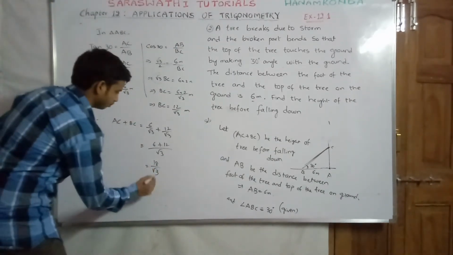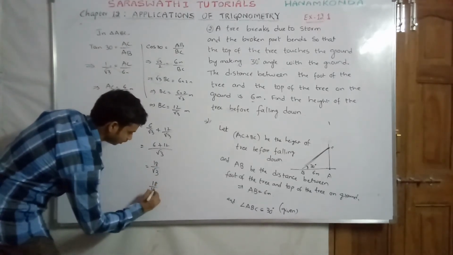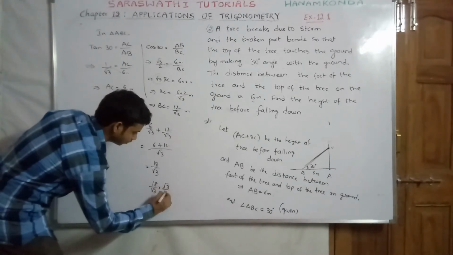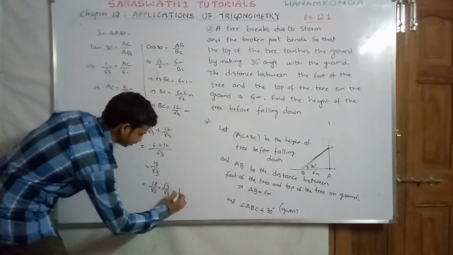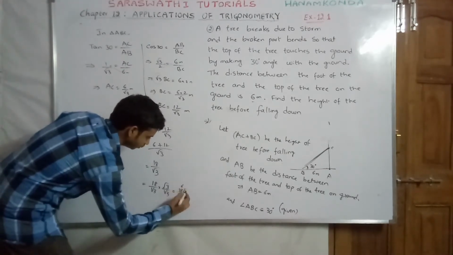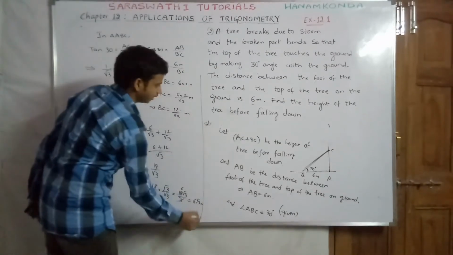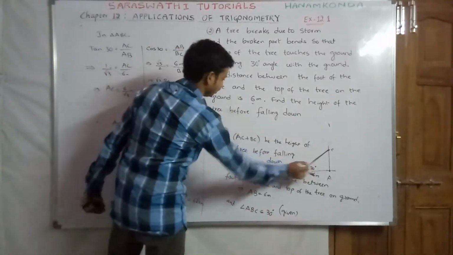Multiply both numerator and denominator with root 3: 18 root 3 by root 3 into root 3, which is 18 root 3 by 3, that is 6 root 3 meters. Therefore the height of the tree before falling down is 6 root 3.